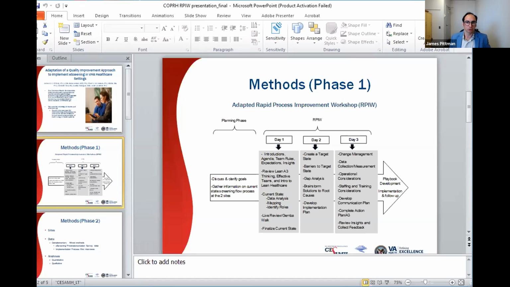So we worked with our local Lean Six Sigma black belt expert, and we modified this RPIW process to focus on integrating e-screening into a clinical program.